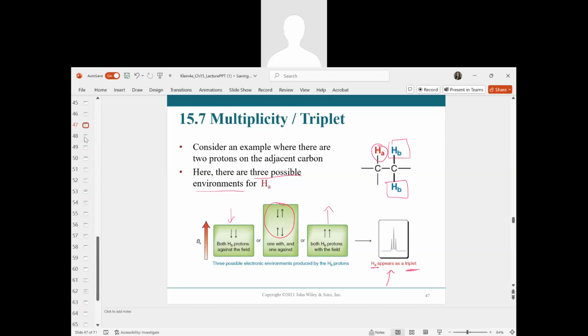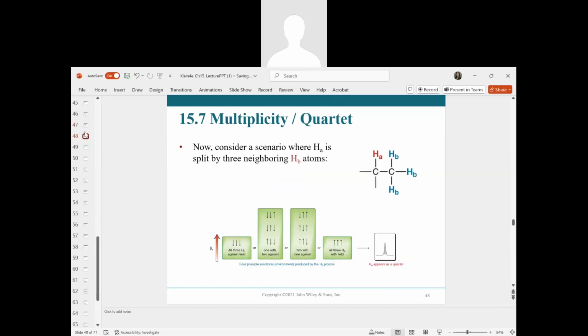There is an equation that can be used when we talk about multiplicity to determine the number of peaks that we're going to see, or the multiplicity of our signal. Let's look at proton A here, and we say that it has 1, 2, 3 neighbors.